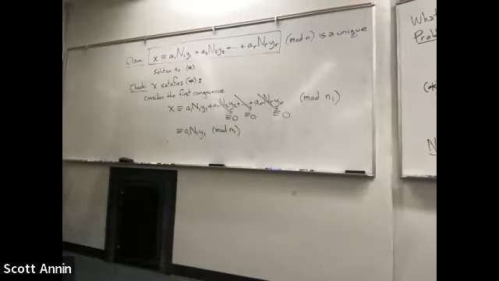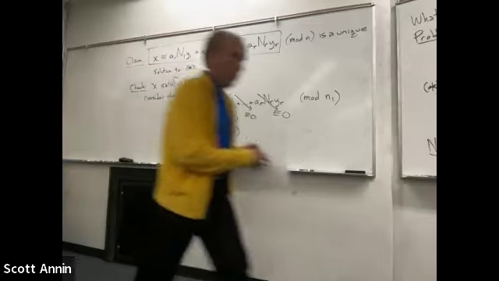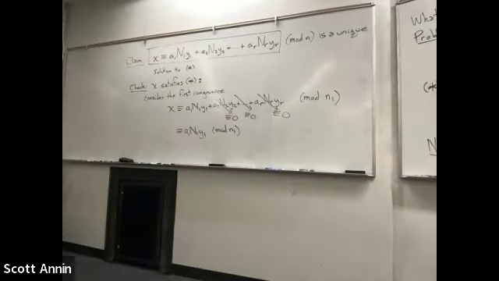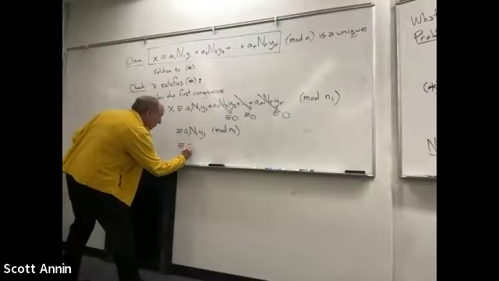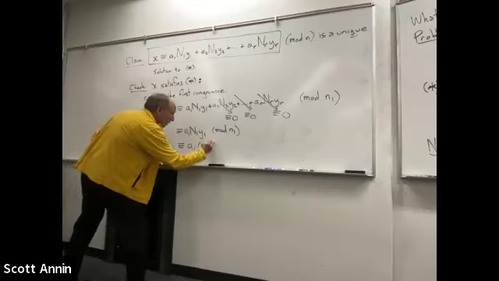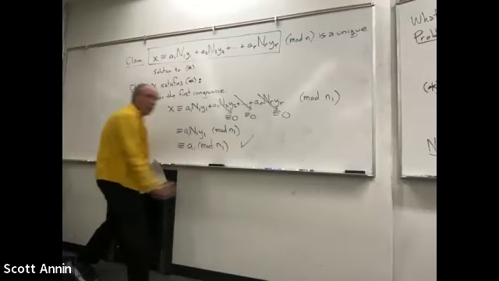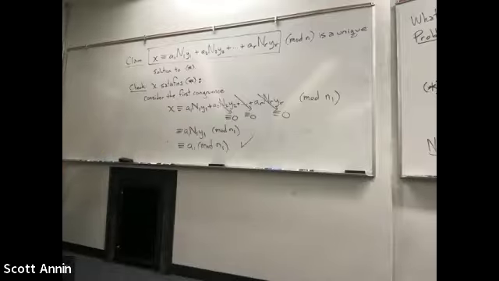And we already know that big N1 times little y1 is congruent to 1 in mod little n1. So the big N1 Y1 goes away and you just get A1 in mod n1. That checks that first congruence.